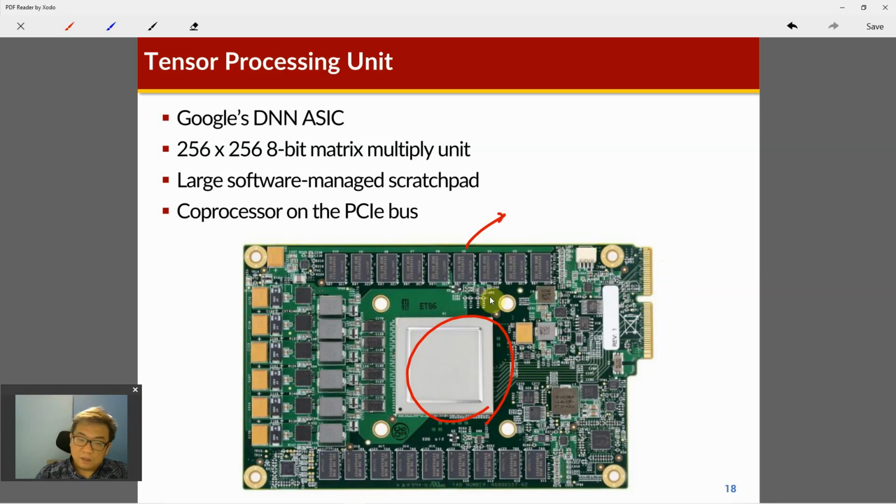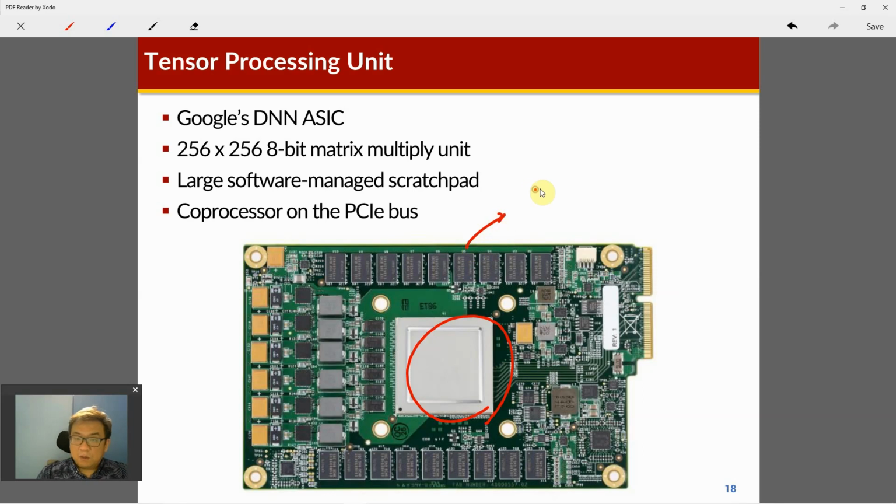It is a coprocessor, similar to the GPU. GPUs are also connected to the host server system via PCIe bus, so GPUs and TPUs are both coprocessors for neural network applications.